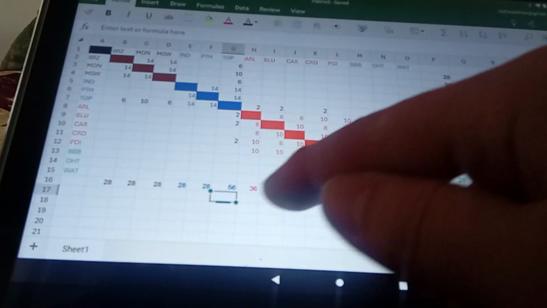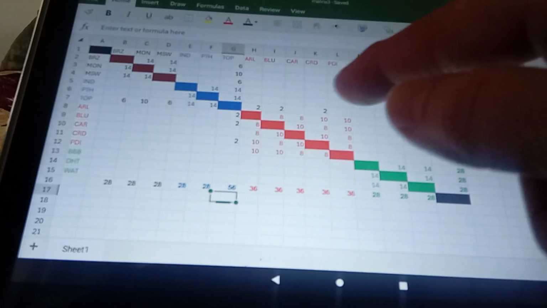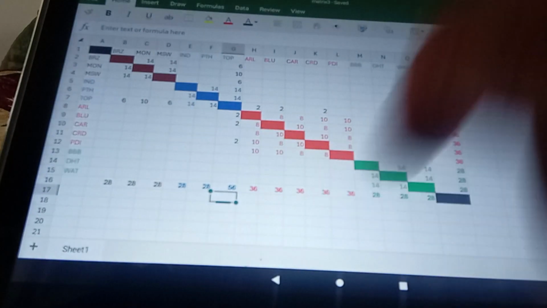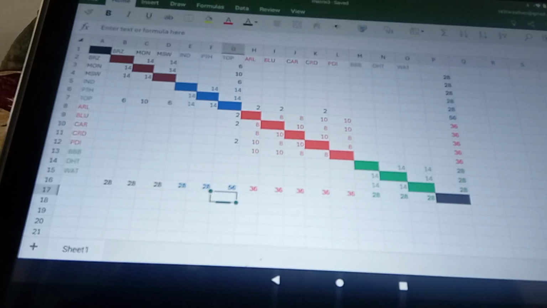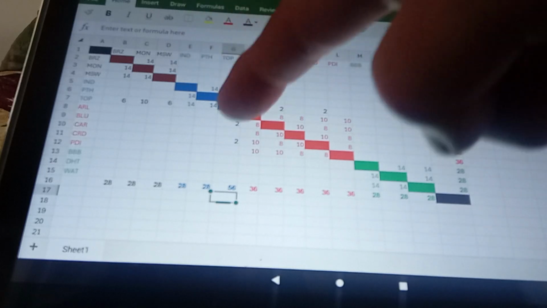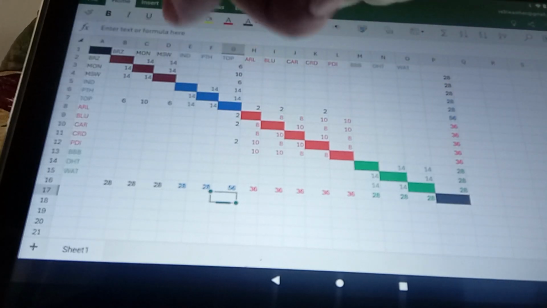I didn't plug in the 38s, but there's a couple of 38s for Athens, Blue Ridge, and Columbus. All right, so now let's go to our next step, which is completing the Midwest pod, because we already started them with Topeka. So let's finish them off.